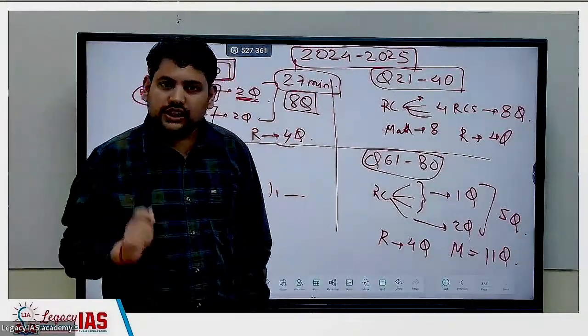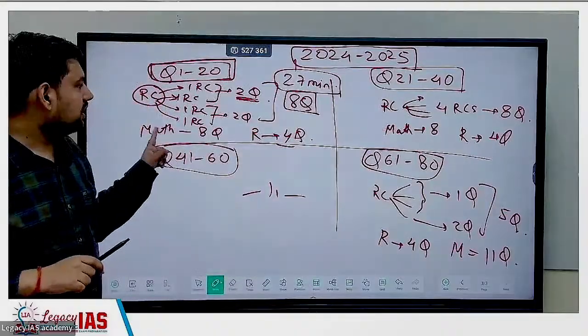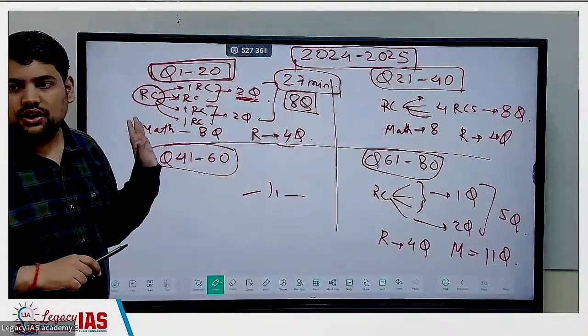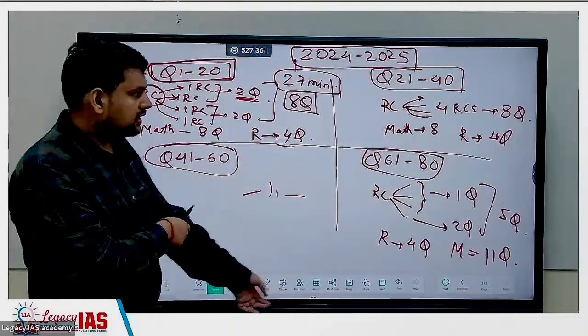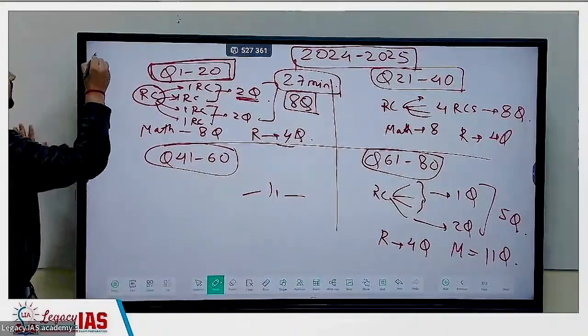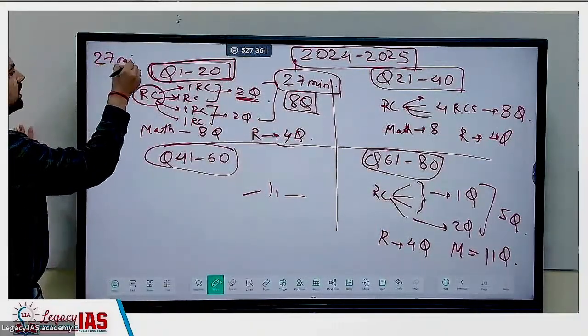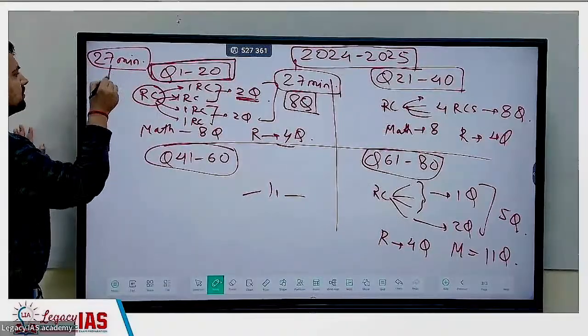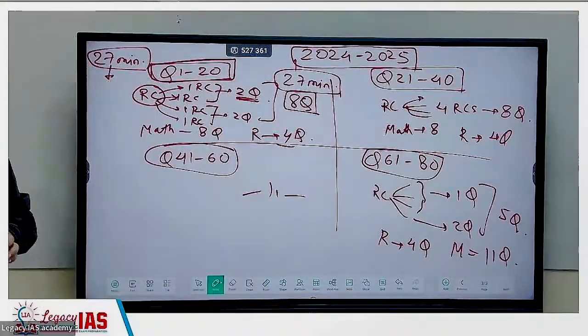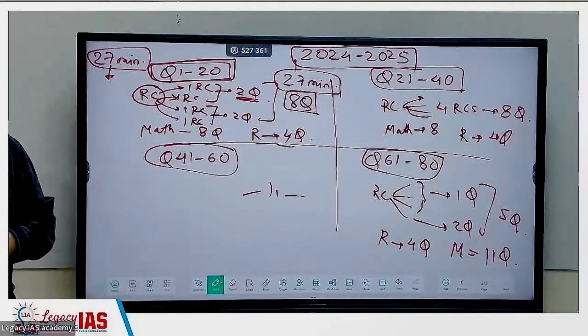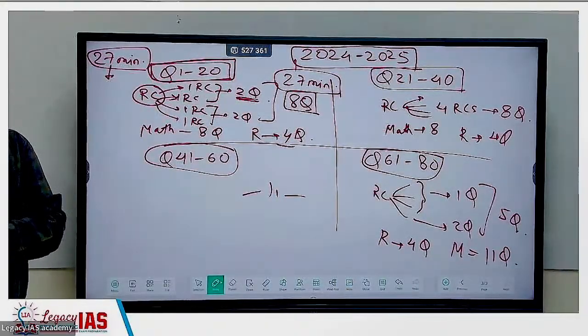And in those 27 minutes, we will stick with these 20 questions. Because if you attend these classes, you will eventually become good at RCs. This has happened with all my class students. RCs are much more reliable than mathematics in this CSAT paper.